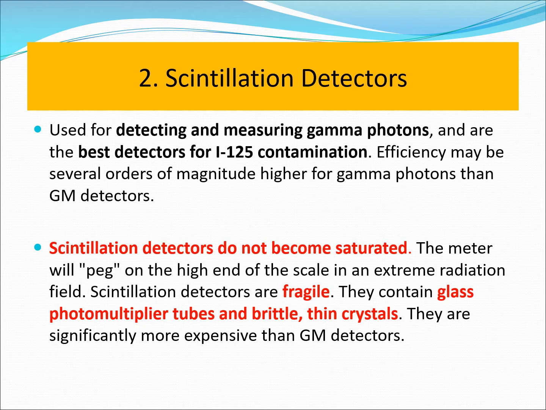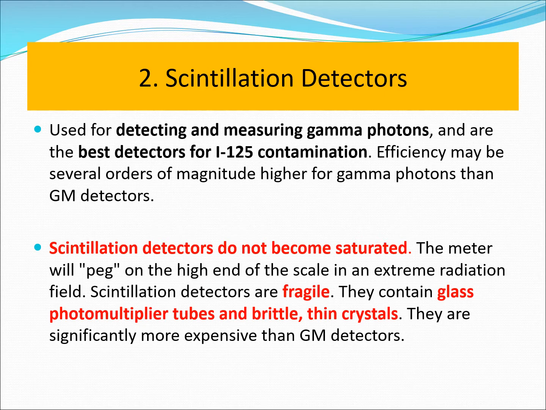An advantage of scintillation detectors is that they are not going to get saturated, like what you may remember from the previous lecture on GM counters. When you use GM counters for detection of high intensity radiation, it leads to saturation of the chamber, and the display would give you an output as though there is no radioactivity in the vicinity.